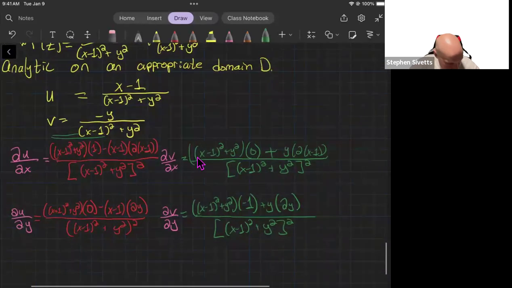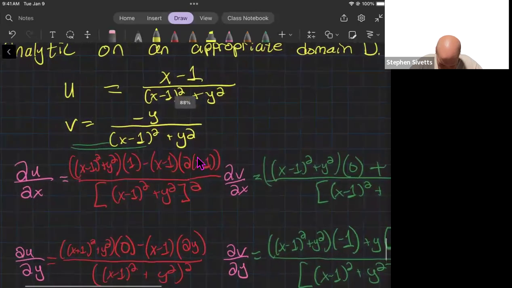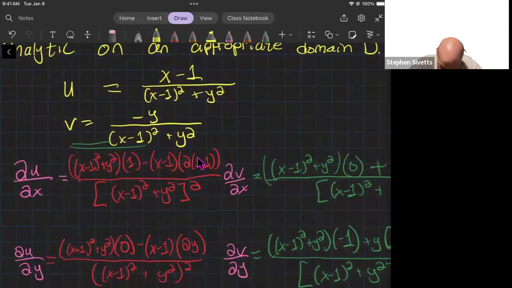Since the denominators are all the same, all you have to do is look at the numerators for each of the partials. So the partial of u with respect to x is x minus 1 squared plus y squared minus 2 times x minus 1 squared. So the numerator here would be y squared minus x minus 1 squared.